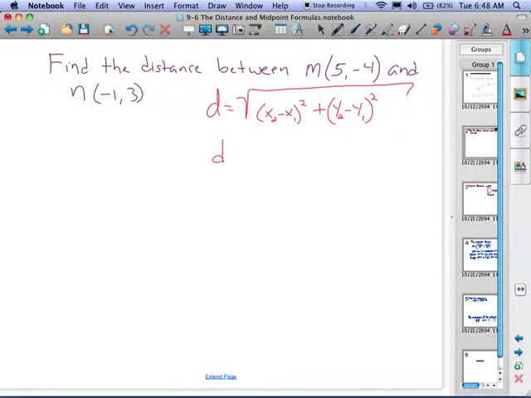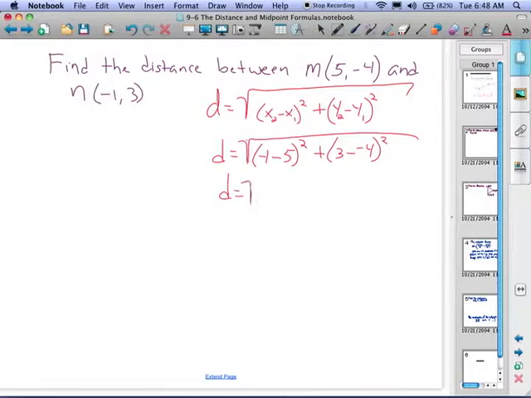Now we will substitute into the distance formula. x2 is -1 minus 5 squared plus 3 minus -4 squared. That's x2 minus x1 squared plus y2 minus y1 squared.